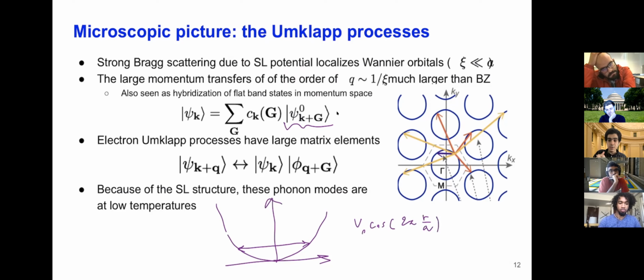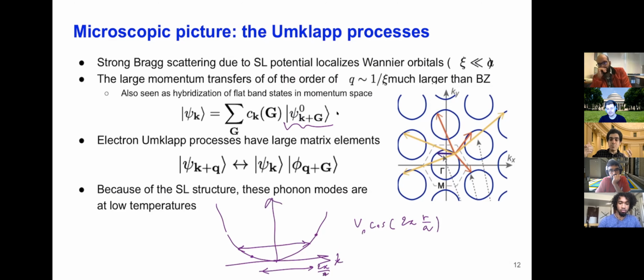Okay, and then what we say is that any state will be coupled to a state that is separated in the momentum space by 2 pi over a, right?